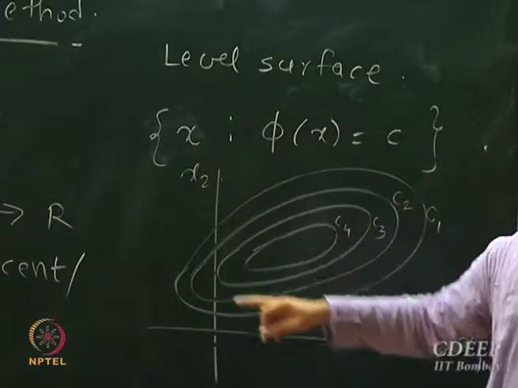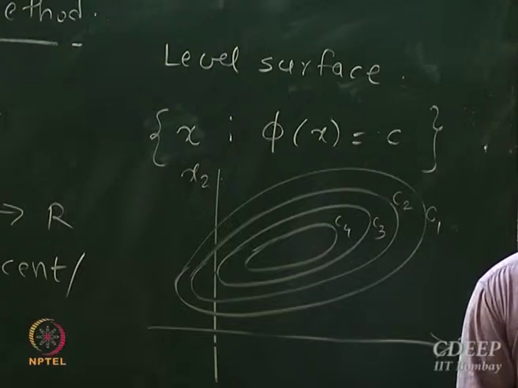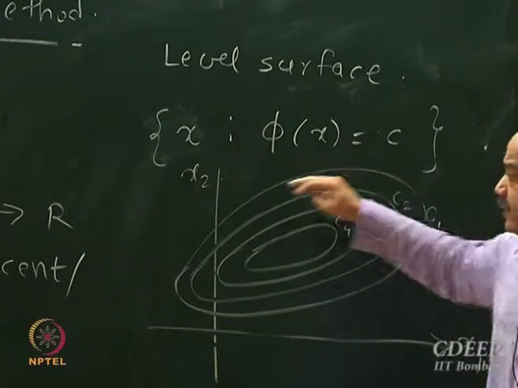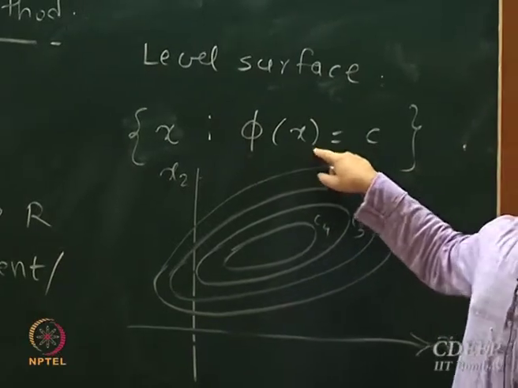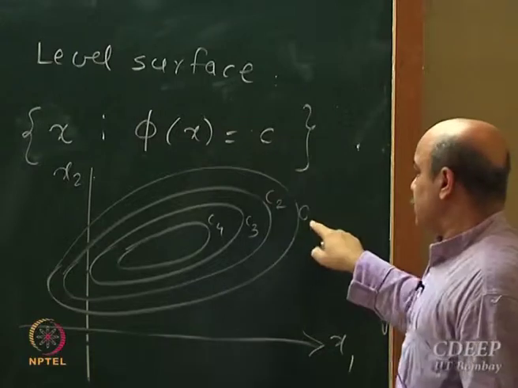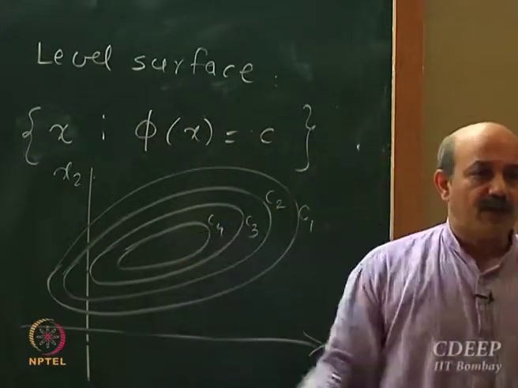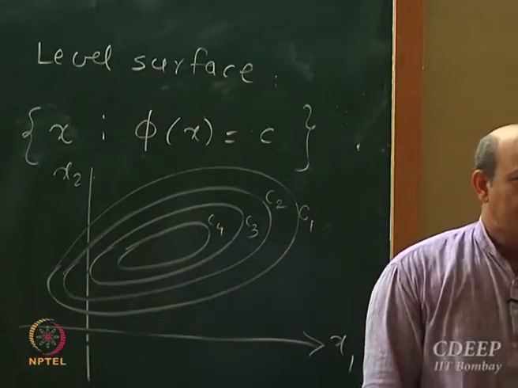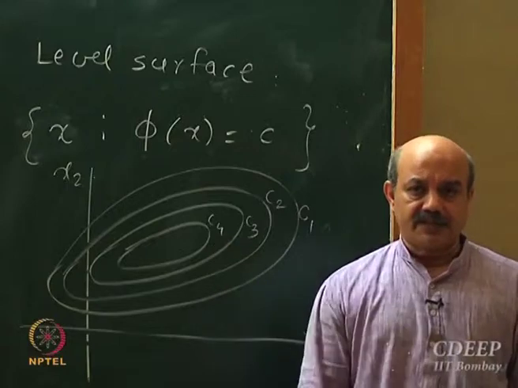This is my x1, x2 plane. I am plotting all those points in the x1, x2 plane for which phi of x1, x2 is equal to constant. So let's say this is 5, this is 4, this is 3, this is 2. I am plotting the locus of all the points. These are called level surfaces.